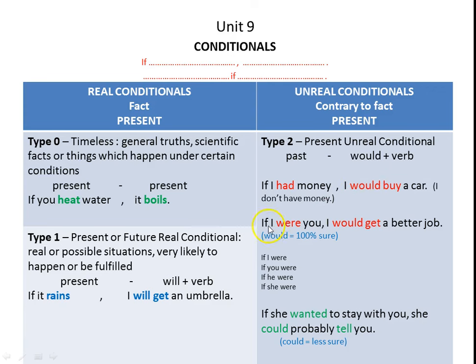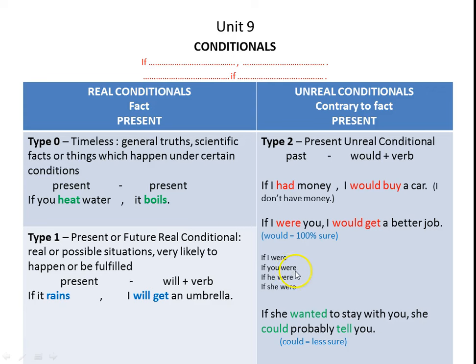And here we have another example. If I were you, I would get a better job. When we use the verb to be, we have to use the past tense, were, for all the personal pronouns. If I were you, if you were me, if he were you, if she were you, if we were you, if they were you.